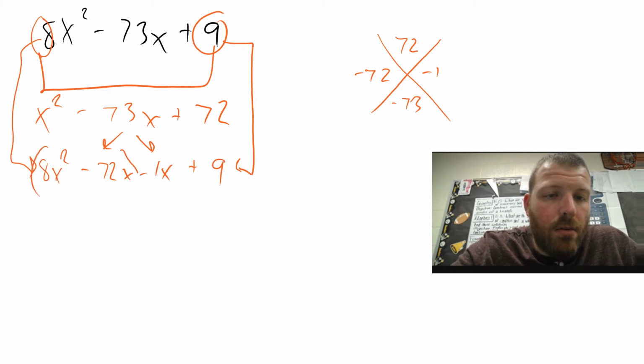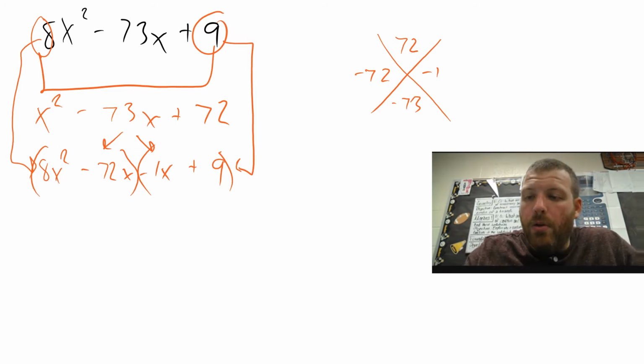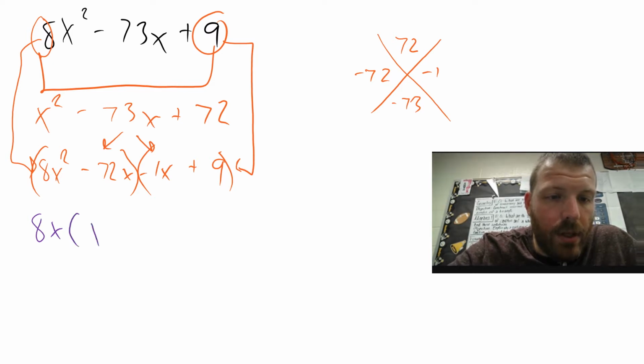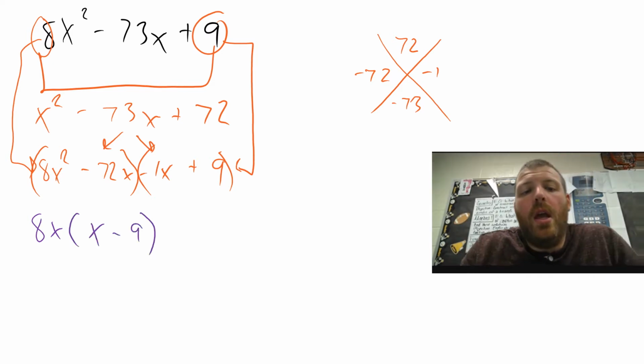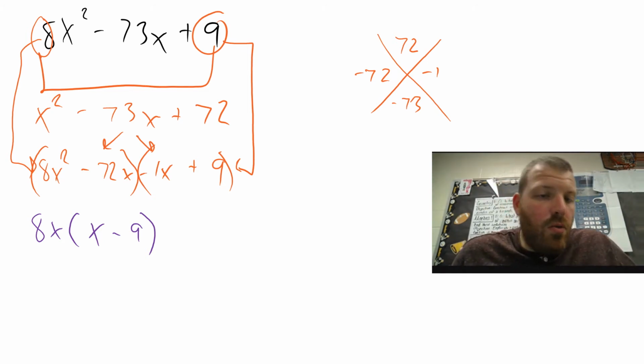And now I'm going to group. So when I go to group, I'm going to check and see what I've got left. All right, so what can I take out of the first set? Well, I can take an 8x out, and I will be left with an x minus 9. Now, I want an x minus 9 on the second part, and you notice that there's a plus sign in between, which is awful.